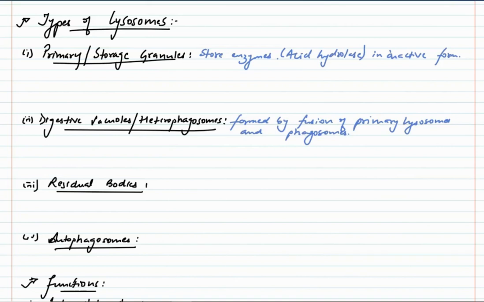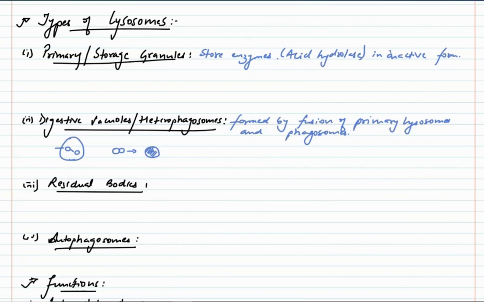So whenever a cell is going to ingest a food particle, there is going to be formation of a phagosome. This phagosome is going to fuse with the lysosome, thus leading to the formation of phagolysosome containing the food particle inside and the presence of digestive enzymes also inside this heterophagosome.